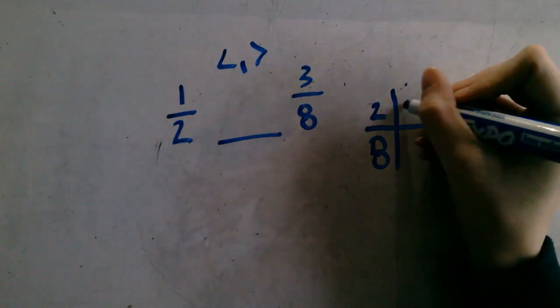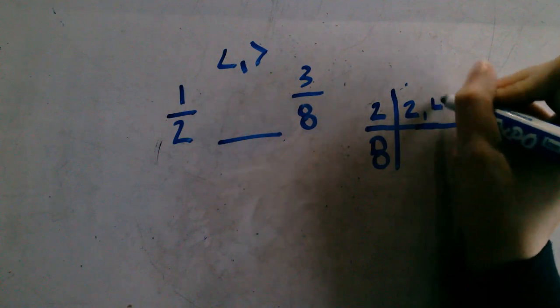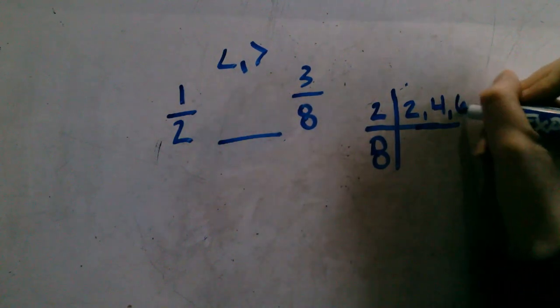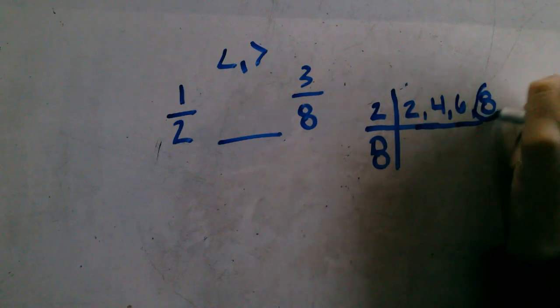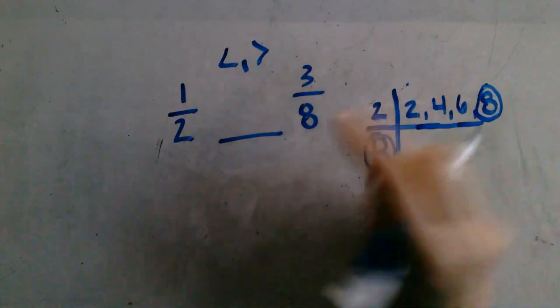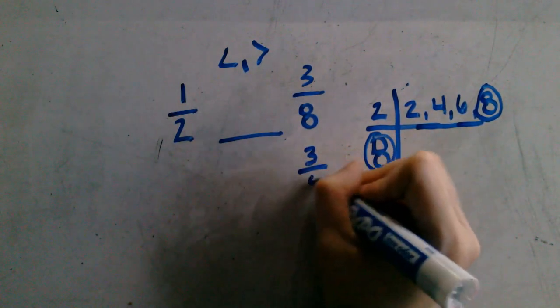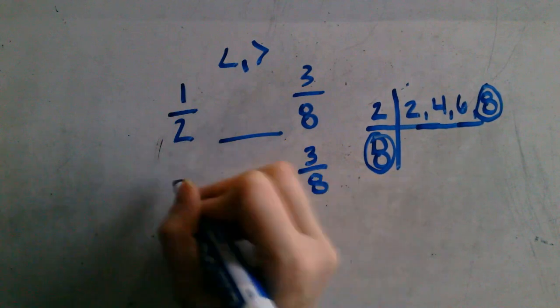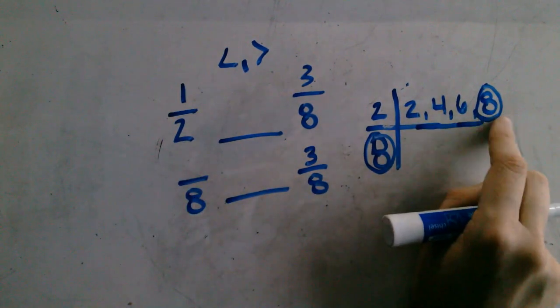Let's start with 2. 2 goes into 2, 4, 6, 8. Since 2 goes into 8, I don't need to change 3/8, but I am going to need to change this 1/2 so it has that 8 as a denominator.